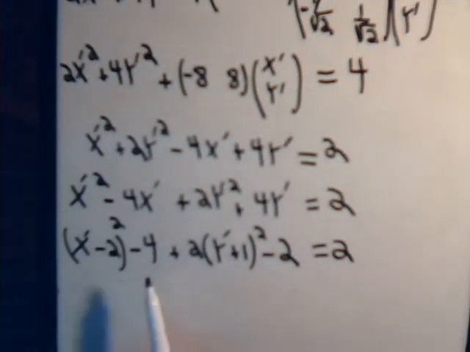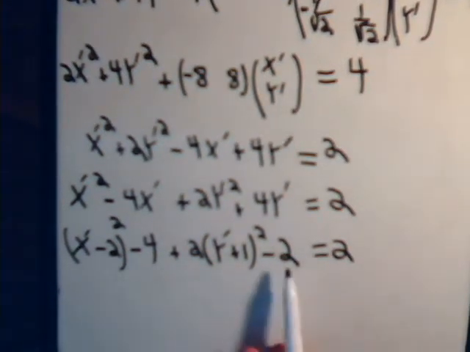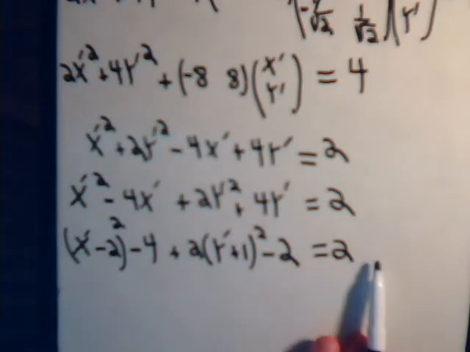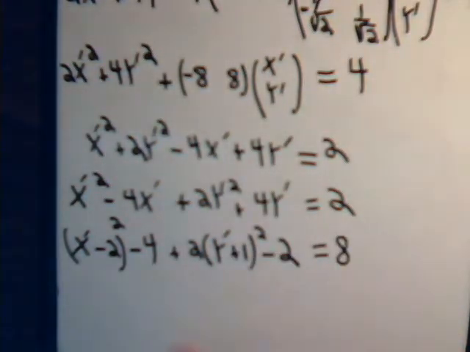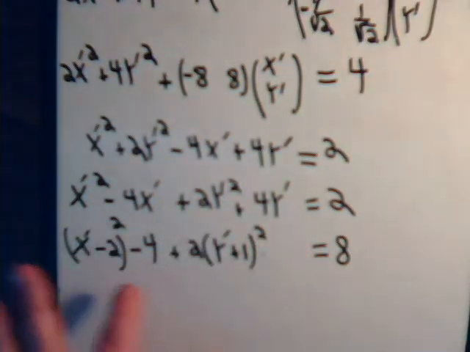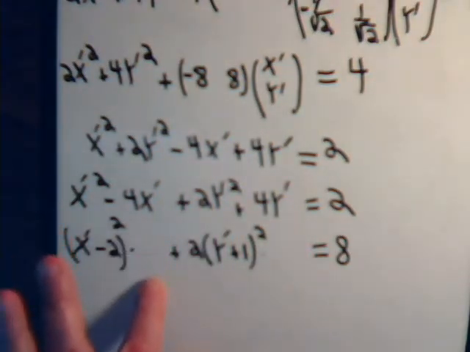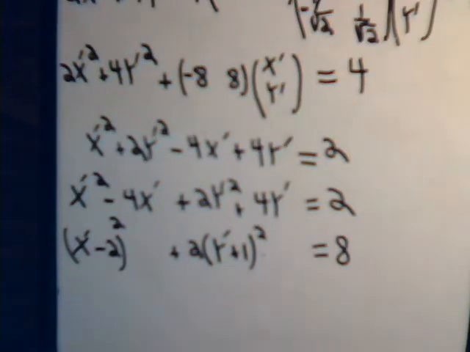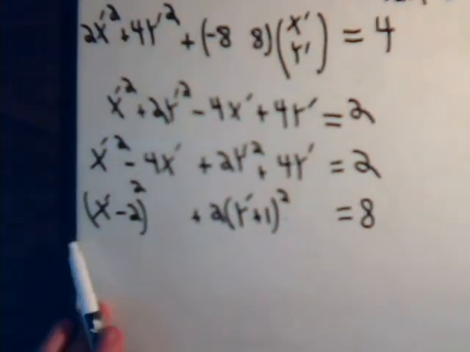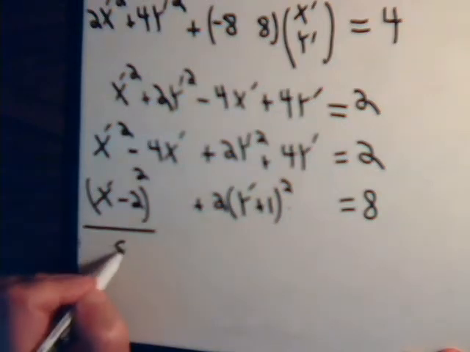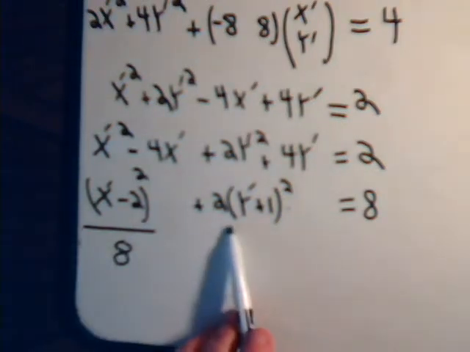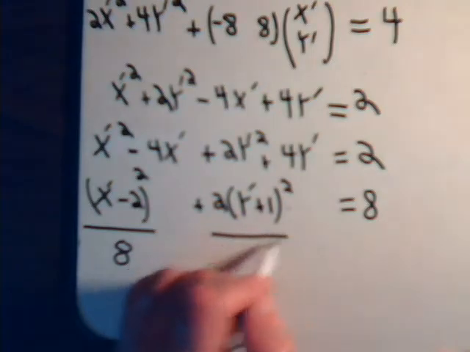And then here we have minus 4 minus 2, that's minus 6. Bring that over, that's plus 8. Now we have this equation right here, or divide through by 8, and we will have this divided by 8. This will be divided by 4. We'll get rid of that 2.